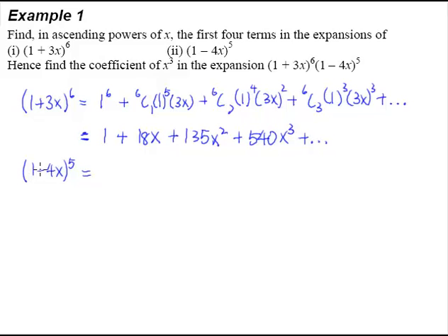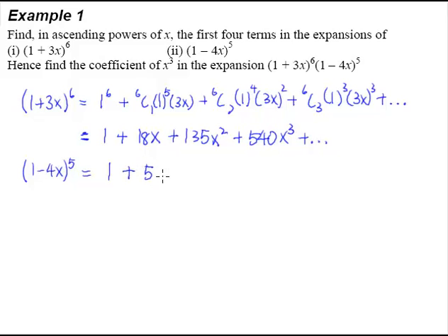So the first term is 1 raised to the power of 5, because 1 takes the full power, so 1 raised to the power of 5 is 1. Then plus 5C1, and as we mentioned earlier on, 5C1 should be 5.